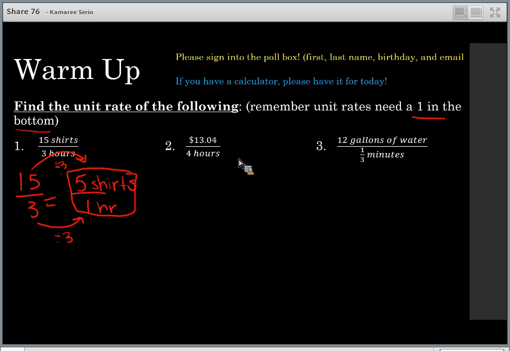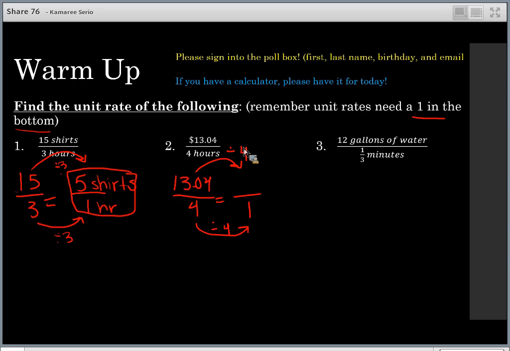Okay, here is the same thing. So 13.04 all over 4. I want a 1 in my denominator. So to go from 4 to 1, I have to divide by 4. Since I divided by 4 on the bottom, I'm going to divide by 4 on the top. Now, for these unit rate problems, I'm okay if you're using a calculator.